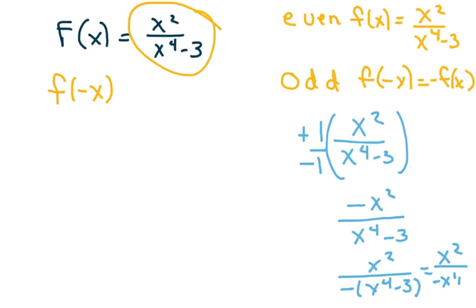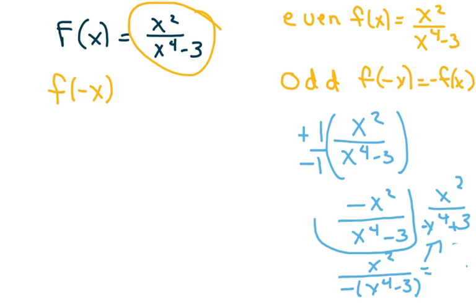Sorry, plus 3. I have to move this over, so let me erase this and move it up a little. So simplified, this would be x squared over negative x to the 4th plus 3. These would be if it's odd.